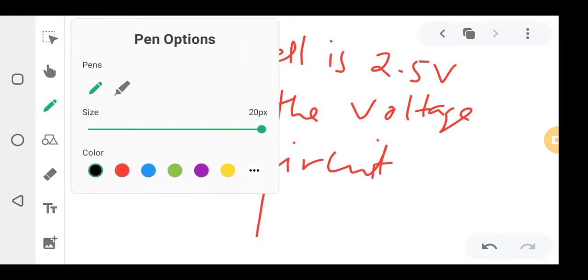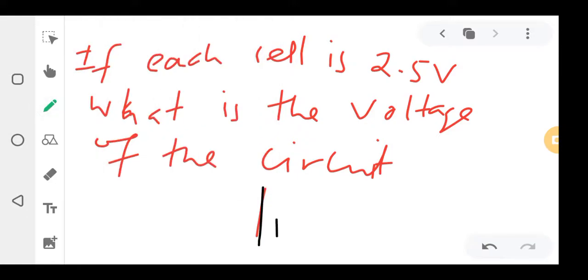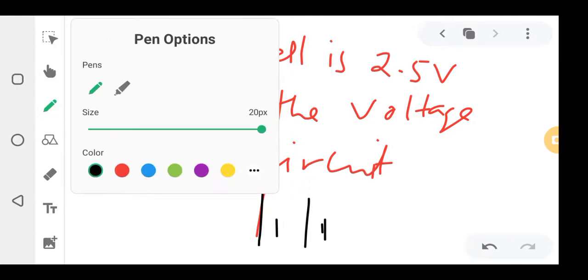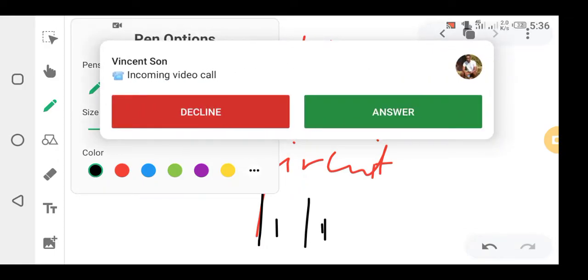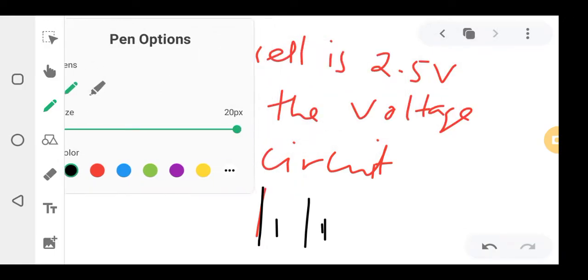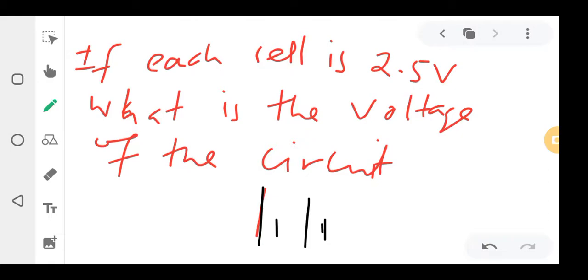In the previous lecture I said the cell looks like this. This is one cell, and this is another cell. But they are asking, what is the voltage of the whole circuit, or the circuit in short? If each cell is 2.5, what is the voltage of the circuit?